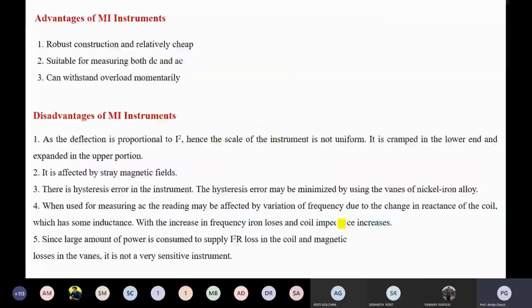What are the most important advantages of the MI instrument? Definitely it is robust in construction. In all situations it gives a robust value, meaning if you do repetitions, the value should be the same. It is suitable for measuring both DC and AC, which is most important. PMMC is useful only for DC measurement, but MI is useful for both DC and AC.